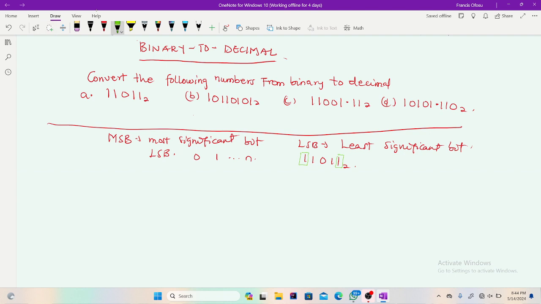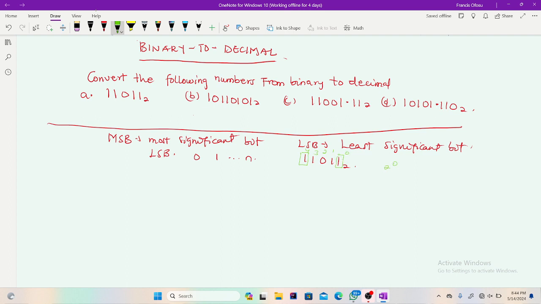As I said, we start counting from the least significant bit as 0, 1, 2, 3, then 4. If more bits were to be added, then the numbers we are assigning are just the powers of 2. So you multiply each bit by its significance.